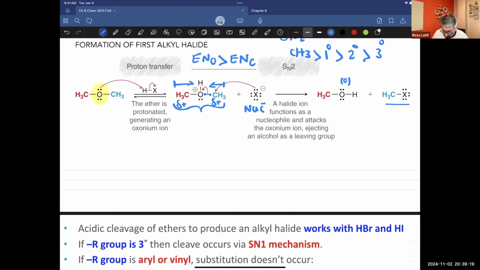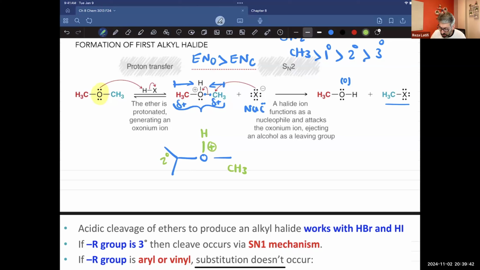But what will happen if we have different carbons on the right and left side of the oxygen atom? So, for example, let's say we have isopropyl attached to oxygen, and on the other side I have a methyl. I'm going to say this is a secondary carbon, while this one is CH3, or methyl group. If you add hydrogen there, now we have a plus one charge there.